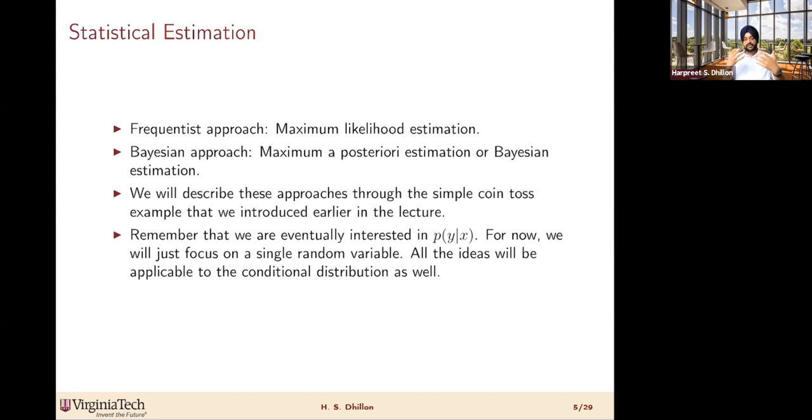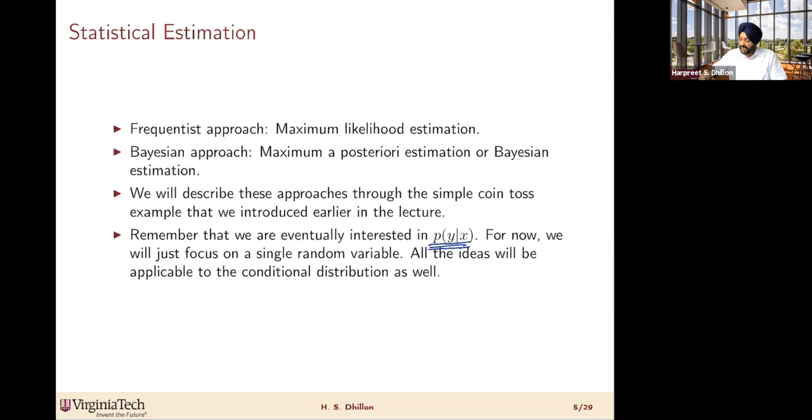But remember, eventually what we are interested in here is the probability of y given x. It will be clear why this is the quantity of interest from some of the examples we are doing later. But these basic ideas will be introduced just using the simple example.